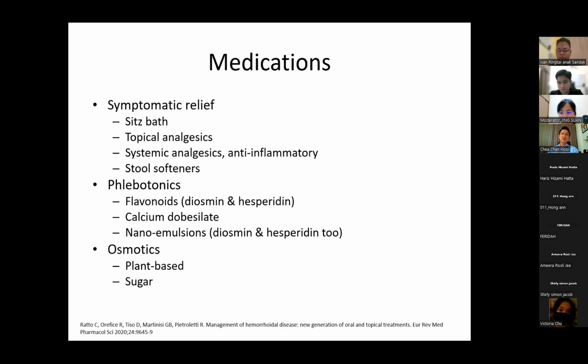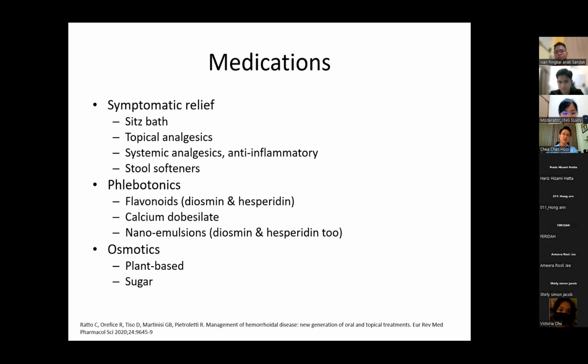And because hemorrhoids are brought on by constipation, stool softeners also play a role, because when the stools are softer, patients do not need to strain as much when they defecate, and there is less chance of the hard stool causing abrasion or trauma to the hemorrhoidal tissue.